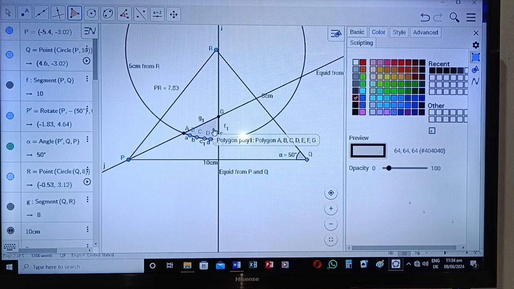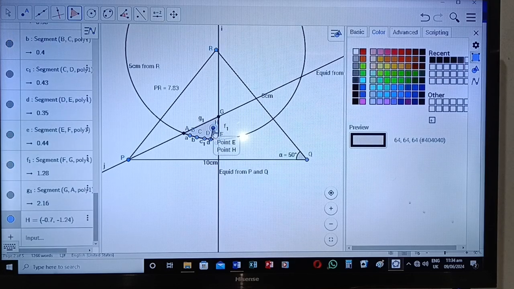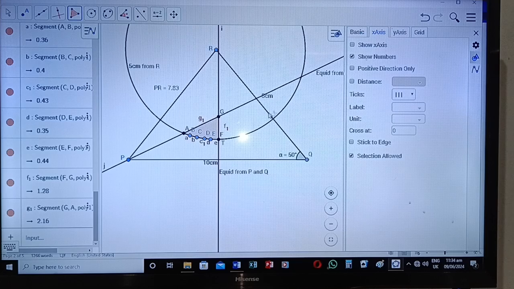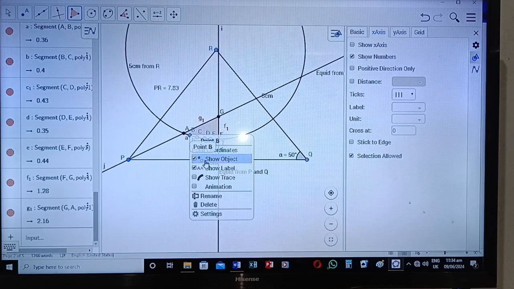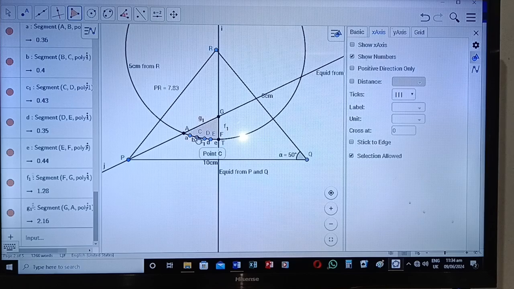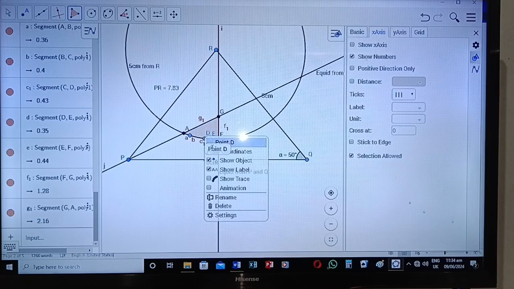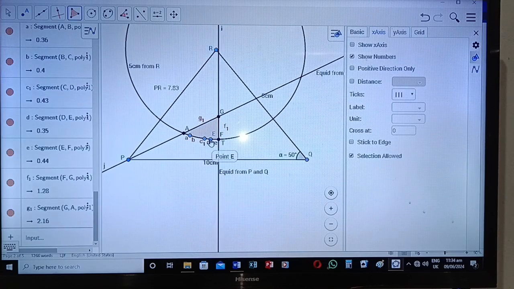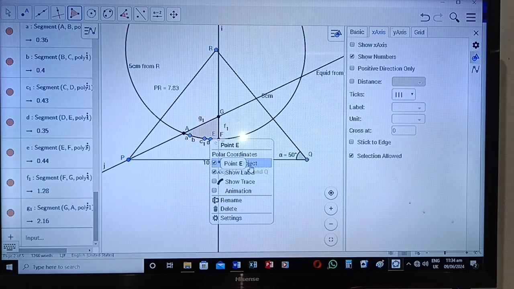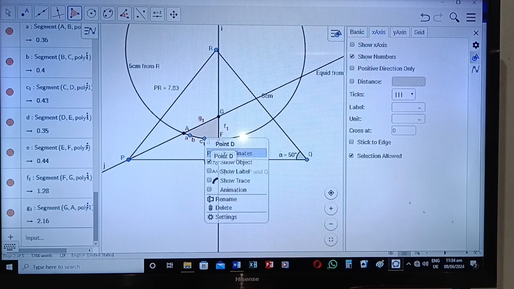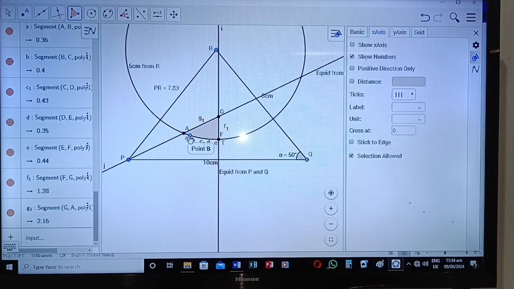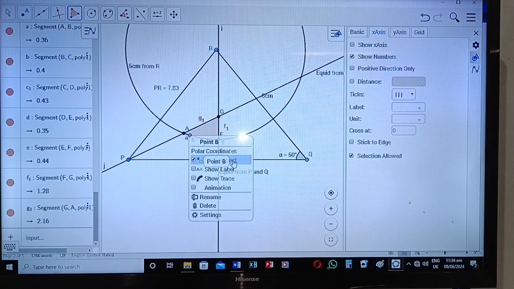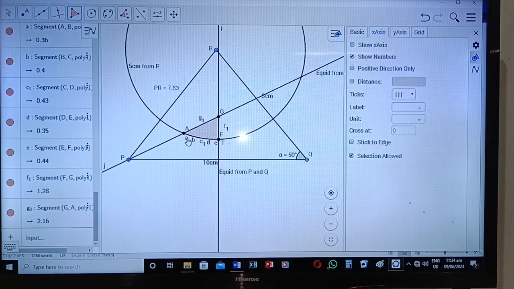Now we do not need these, so we say show label, show object.